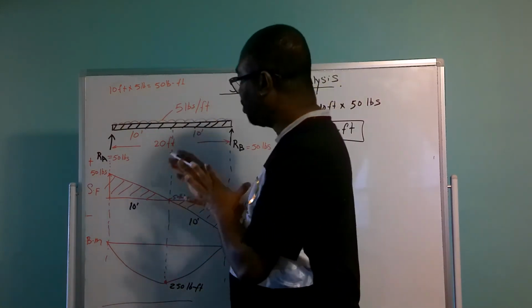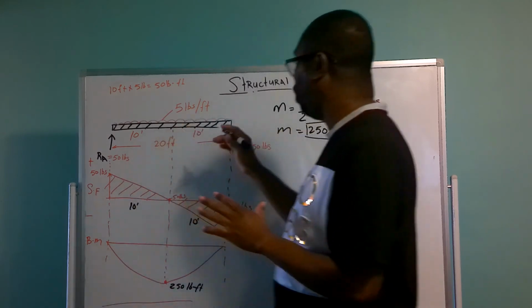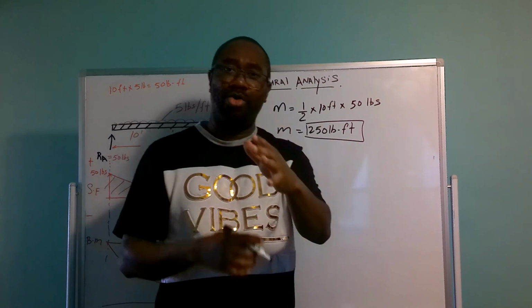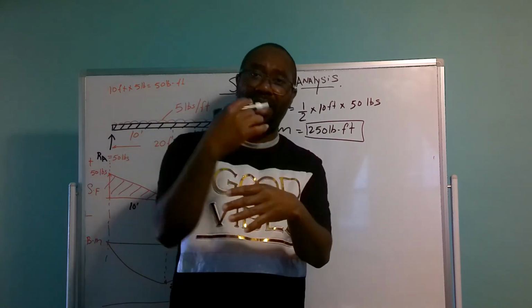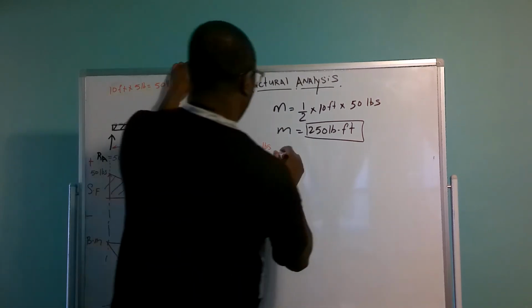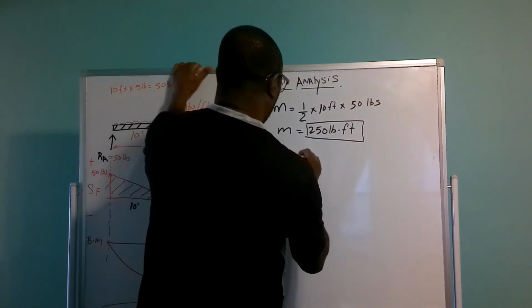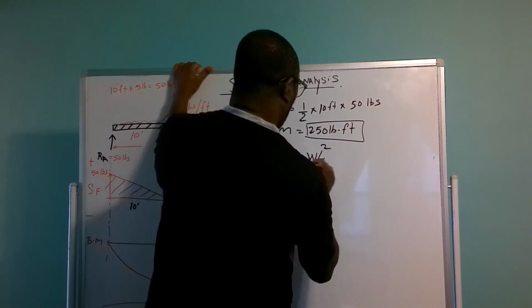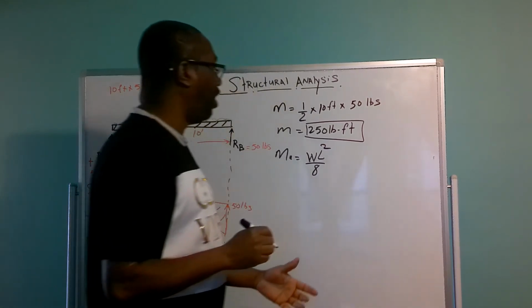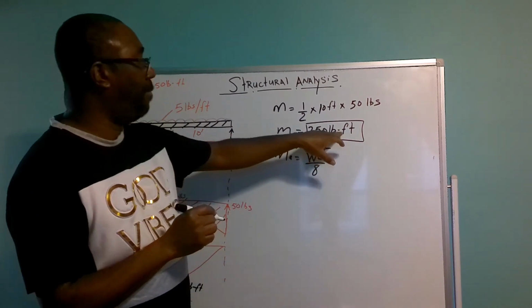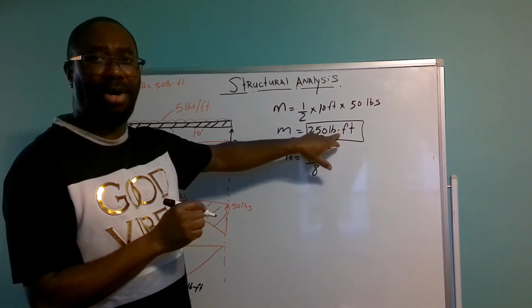But for this exercise, since we are only dealing with a uniform distributed load, and I've already shown you the formula, the moment is going to equal WL squared over 8. So if you use this WL squared over 8, you should come back to this 250 pounds foot.